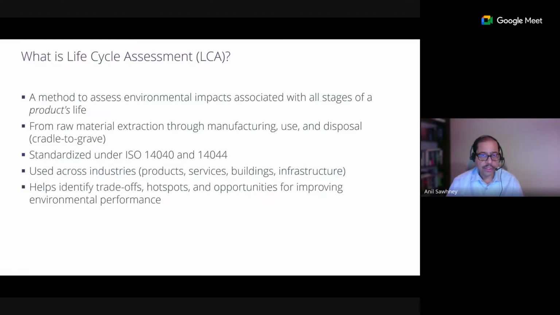If you're very interested in theoretical aspects of LCA, then you can look at 14040 and 14044. It's used across industries. So it's used for products, used for services, and we are now applying it to buildings and infrastructure. It helps identify trade-offs, hotspots, and opportunities for improving the environmental performance. Okay, so that is the main reason why we use LCA.